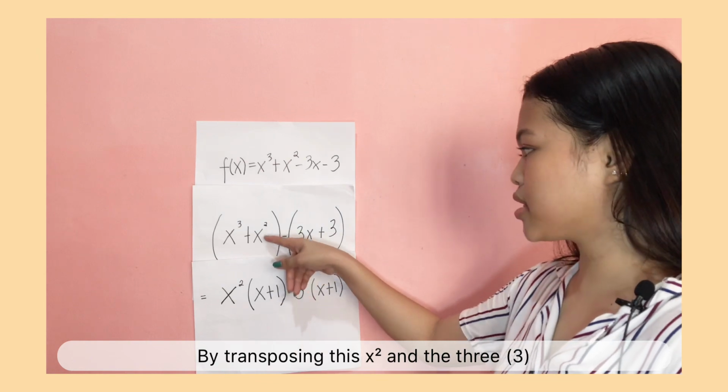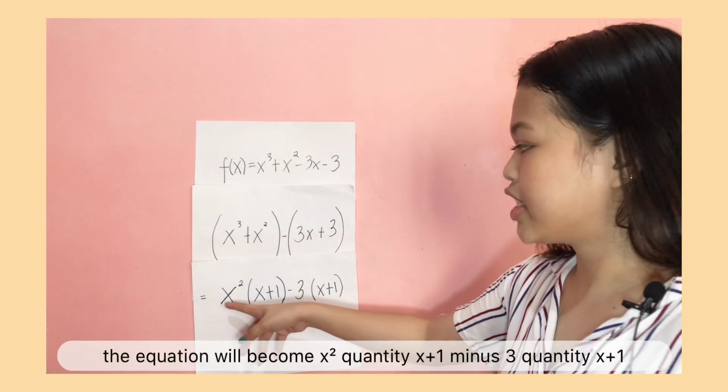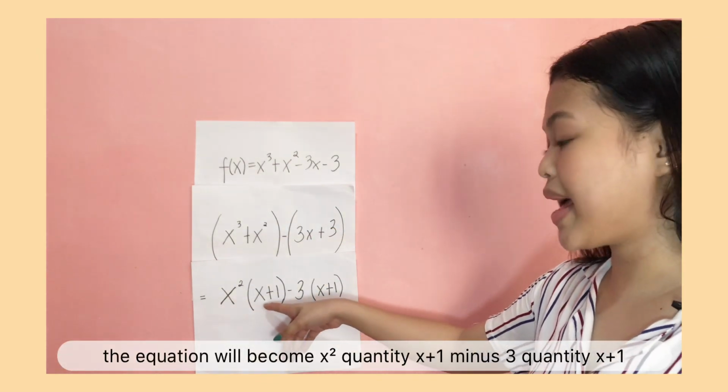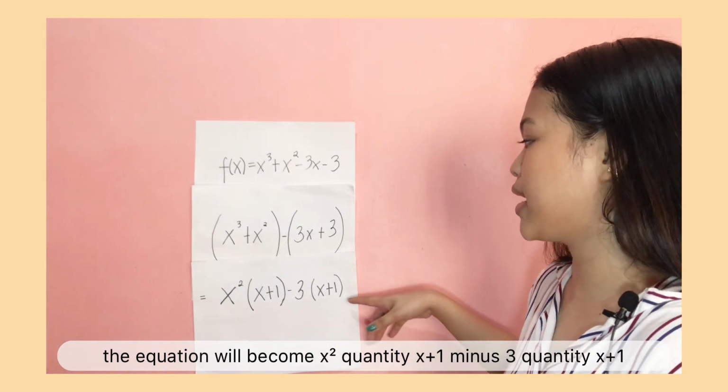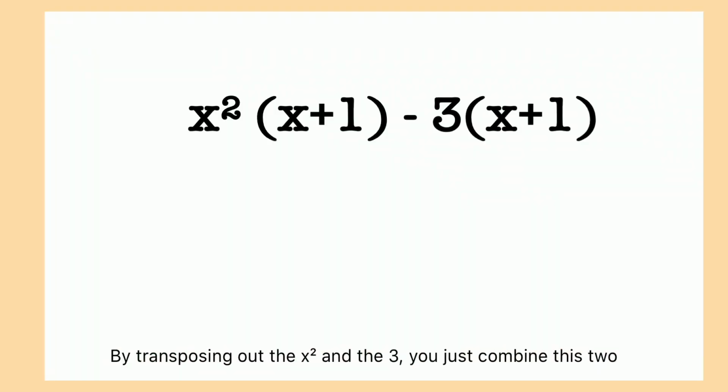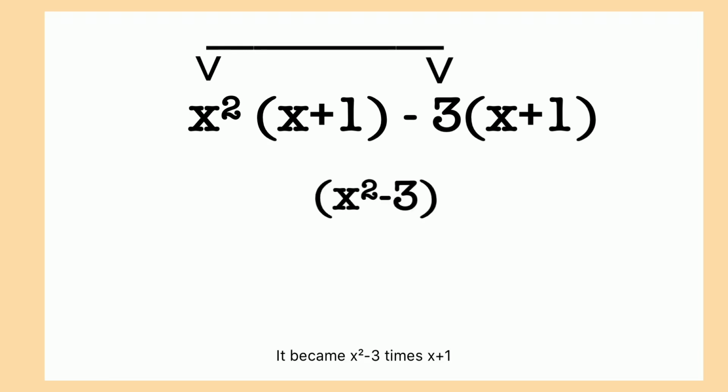By transposing this x squared and the 3, the equation will become x squared quantity x plus 1 minus 3 quantity x plus 1. So by transposing out the x squared and the 3, you just combine these two, and it became x squared minus 3 times x plus 1.